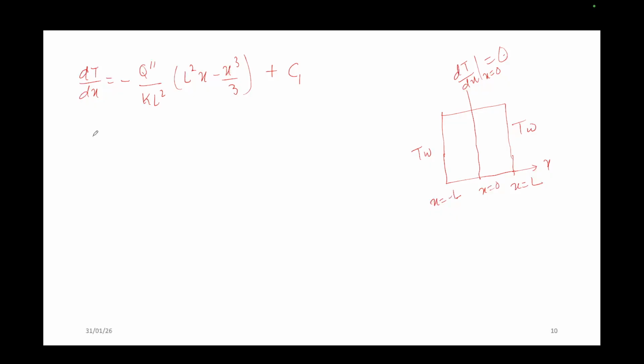So I can write now, if x equal to 0, what I have, del T del x is 0. I put it here, so I get 0 means minus, it is 0 minus 0, right? Yes or no? I just put the value of x here, so I get C1 is 0.